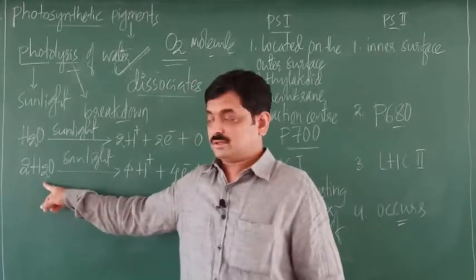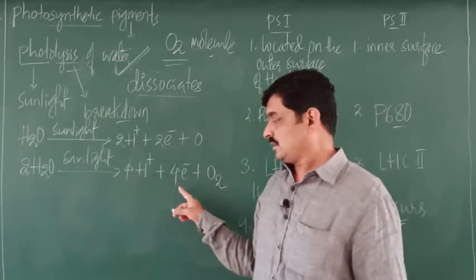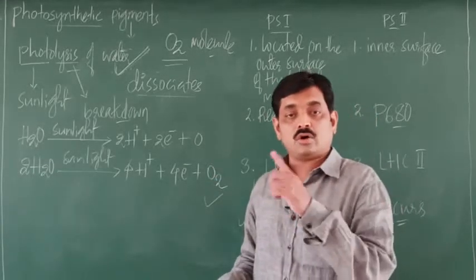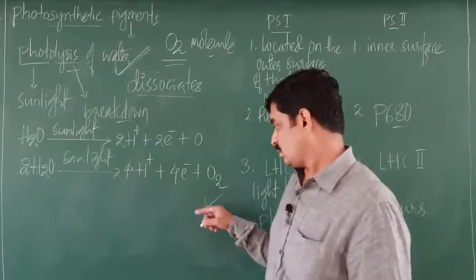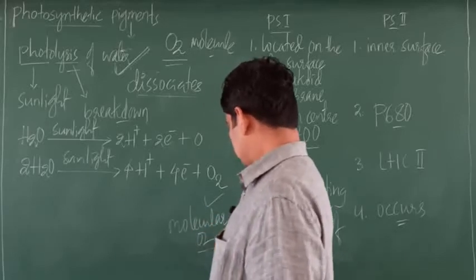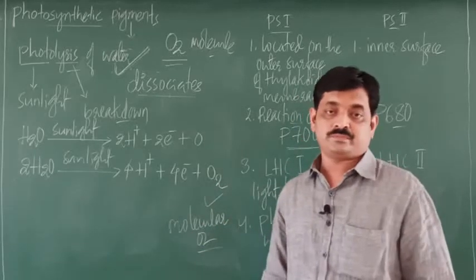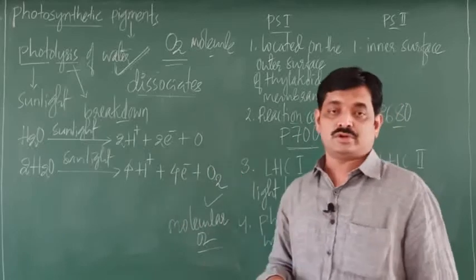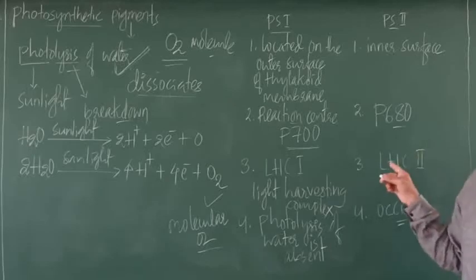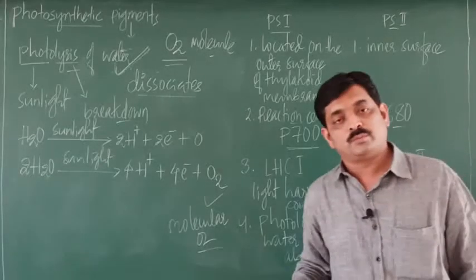Two molecules of water undergo photolysis in the presence of sunlight to produce 4 protons, 4 electrons, and one molecule of oxygen. It is also called molecular oxygen. So this is the oxygen that is evolved during photosynthesis. This reaction is called photolysis of water, which doesn't occur in photosystem 1. It occurs in photosystem 2.